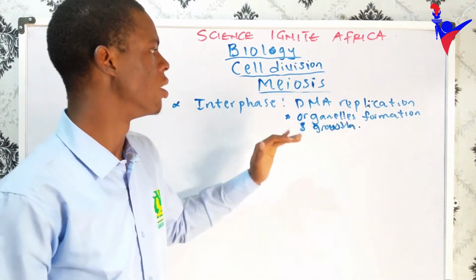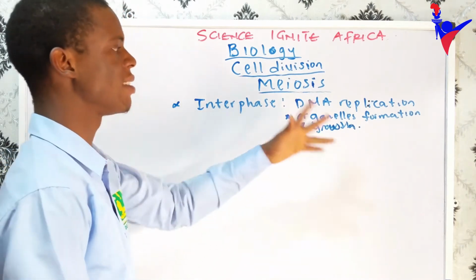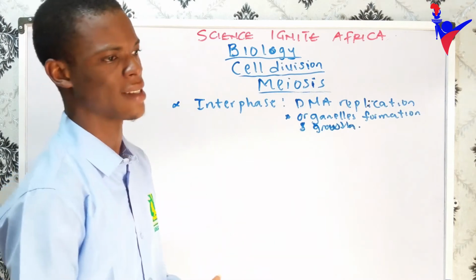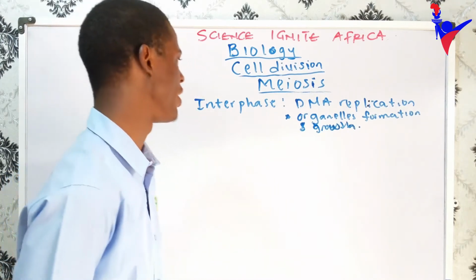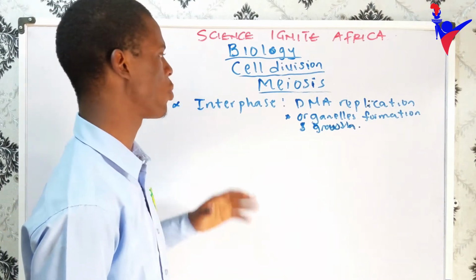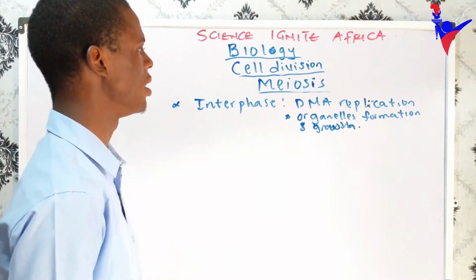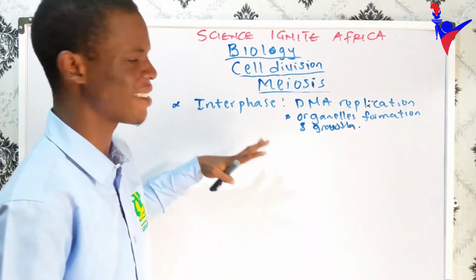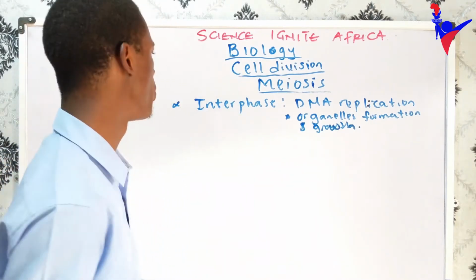We have the DNA replication, which occurs at our synthesis phase, and the organelle formation occurs at your gap 2 phase, which is the G2 phase. So after all this process, after the DNA replication, the organelle formation, and the formation of centrioles, the cell gets set to go into the next stage of division, which we call the prophase.